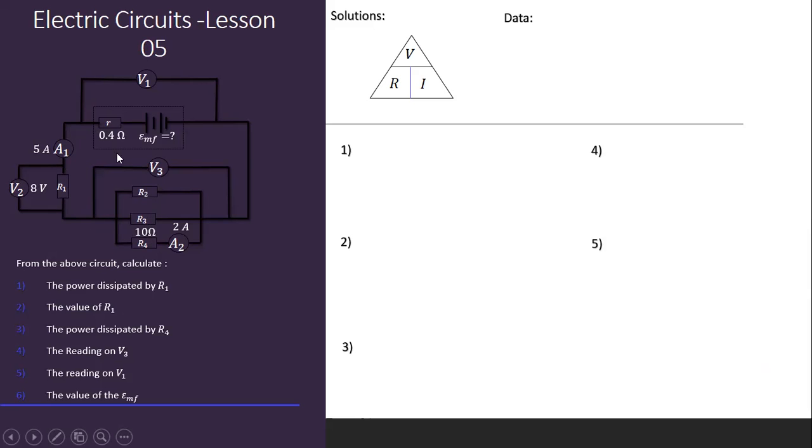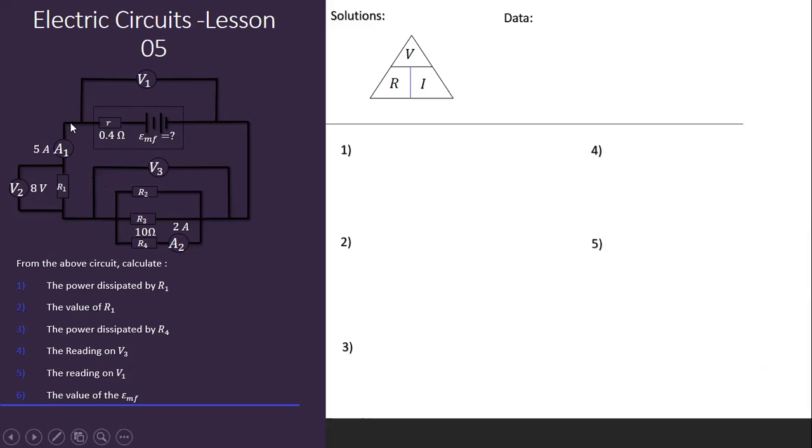So now, how did we know that this is connected in parallel? Remember that the current always moves from the positive terminal of the battery.